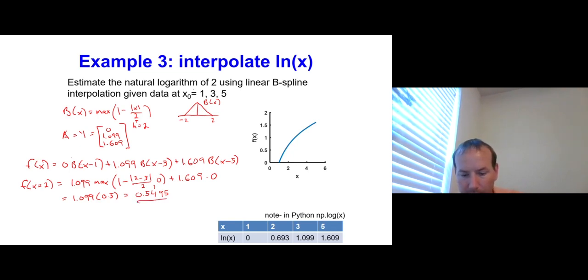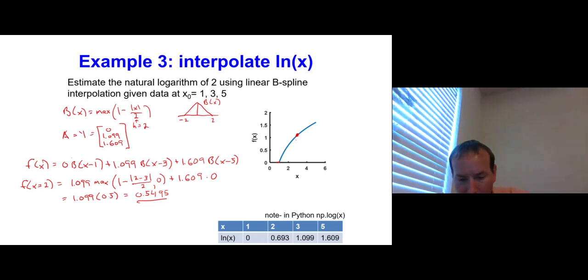So let me quickly show you graphically what's happening here on this plot. The value at x equals 1 is there. At 3, it would be like this.